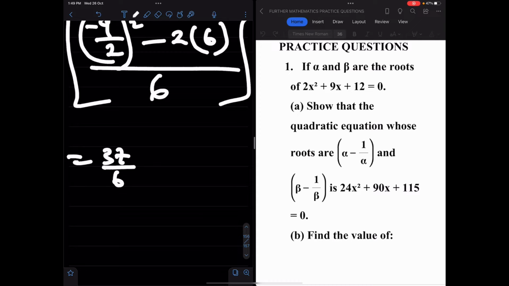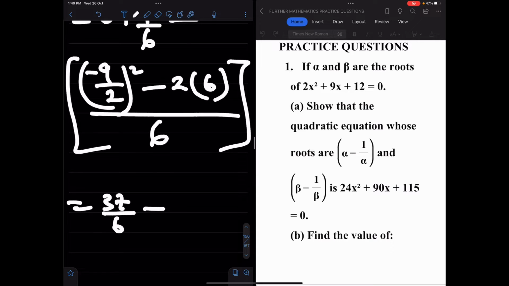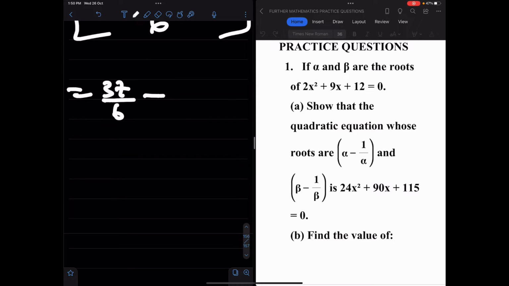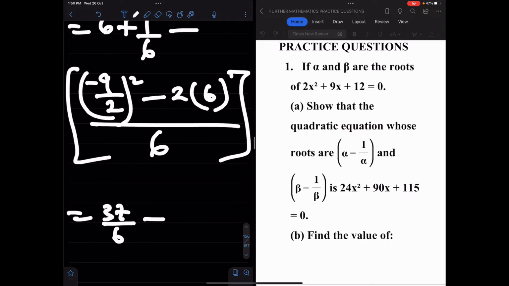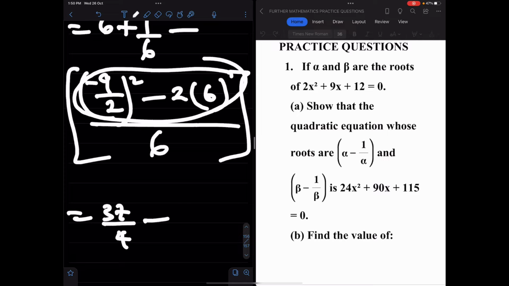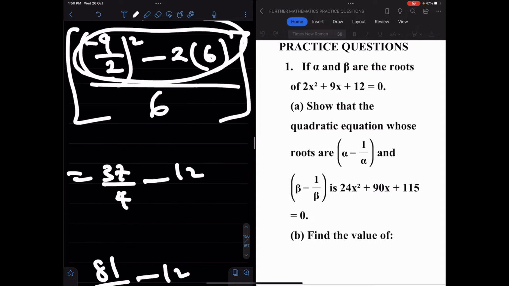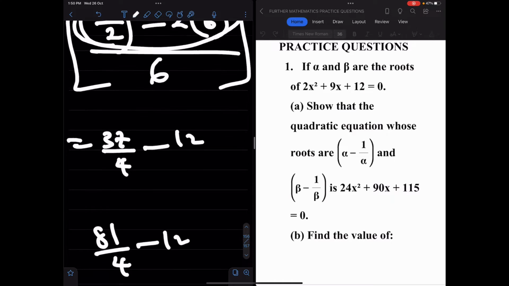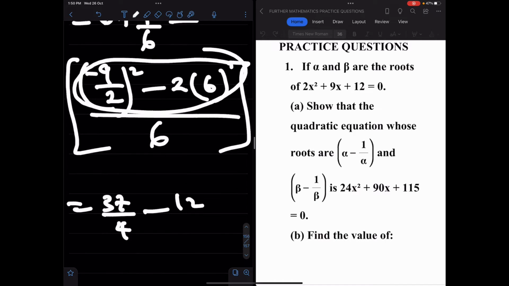That's 37 over 6 minus, this is going to be 81 over 4 minus 12. I'm simplifying the numerator of this fraction: 81 over 4 minus 12.